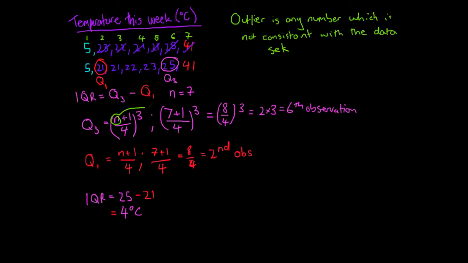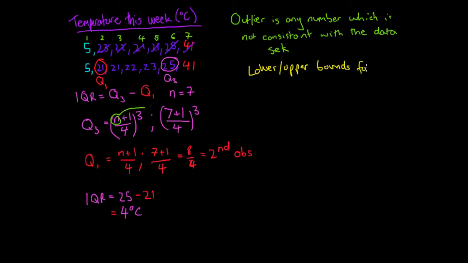So that's our IQR. Then what we need to do to work out our outliers is we can use this formula for lower and upper bounds. So we've got what's called the lower and upper bounds for outliers.